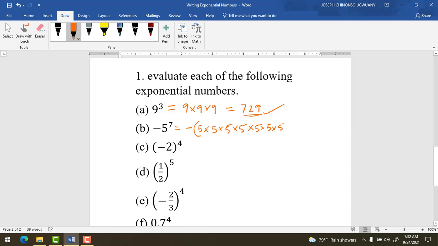So have 1, 2, 3, 4, 5, 6, 7. Then bracket close. So we find the multiple, 5 times 5 times 5 times 5 times 5 times 5 times 5. So the answer must be negative because there's a minus outside the bracket. So what do we have? We now have minus 78,125.